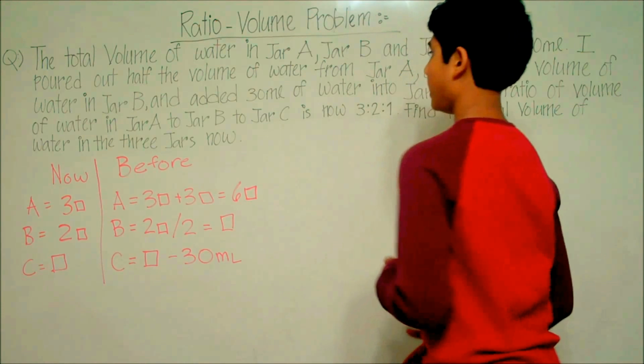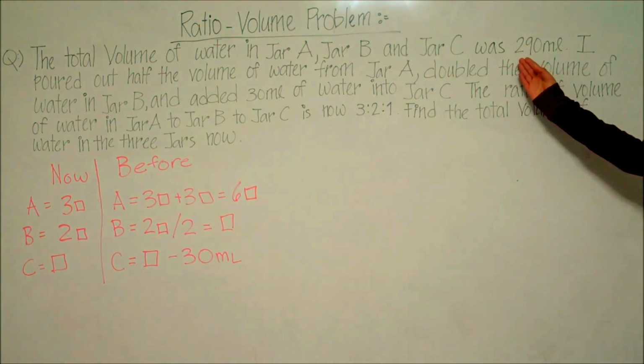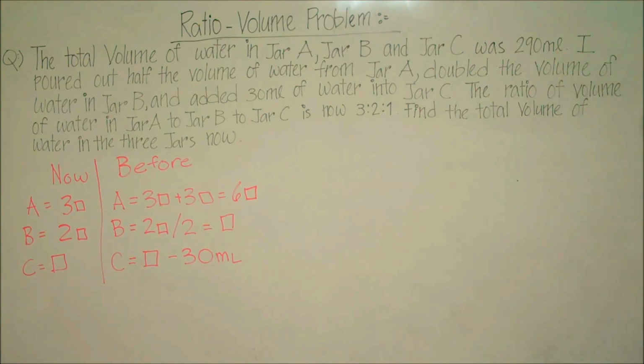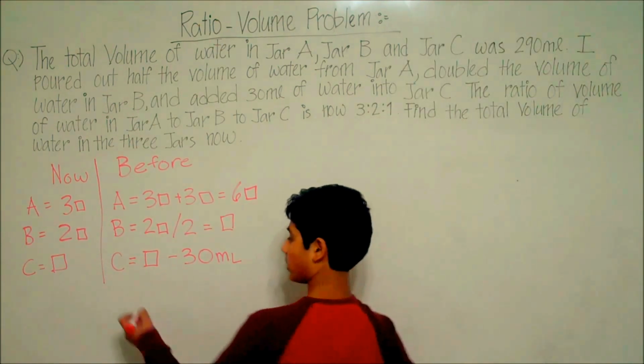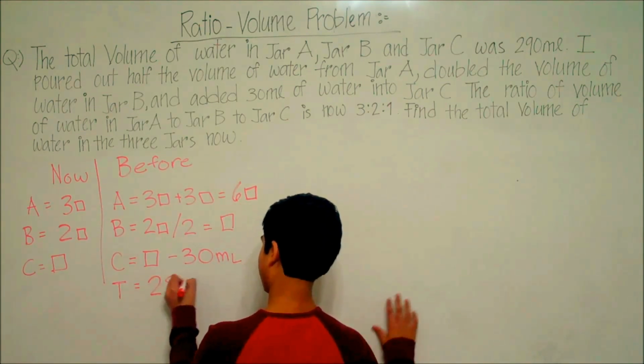Now we know that before there was a total of water of 290 milliliters. So the total is equal to 290 milliliters.